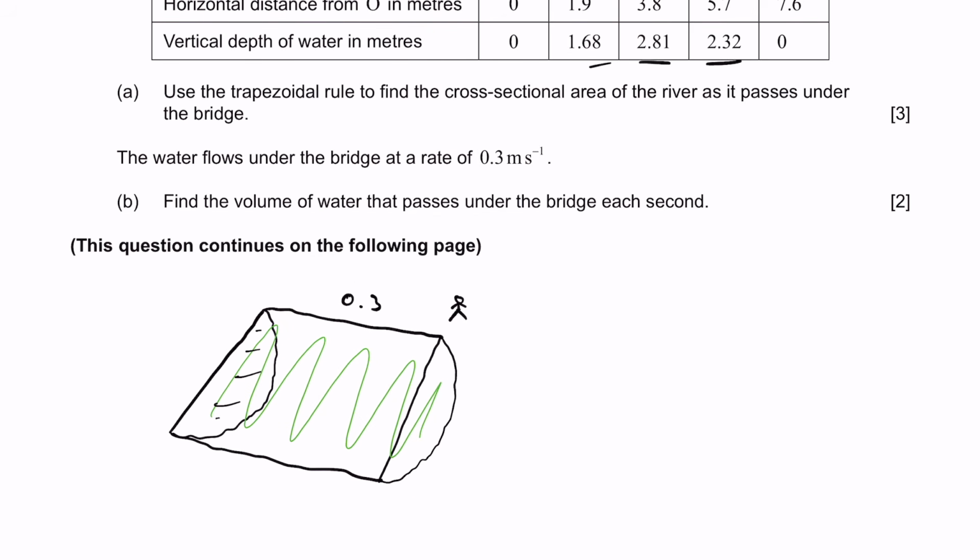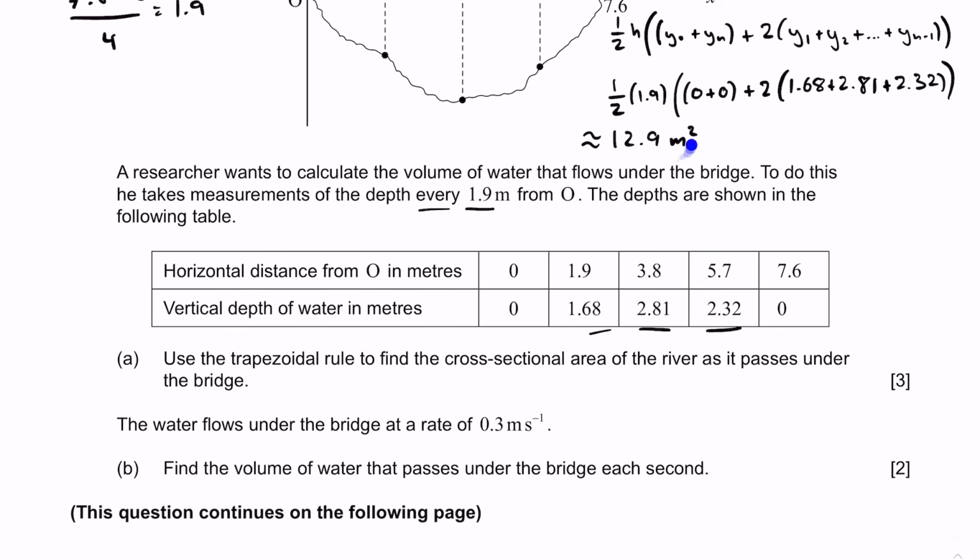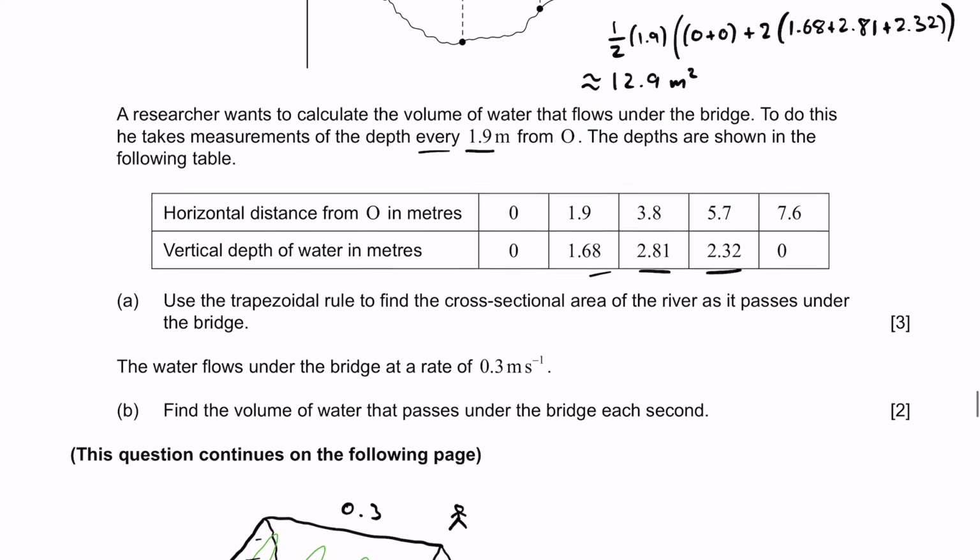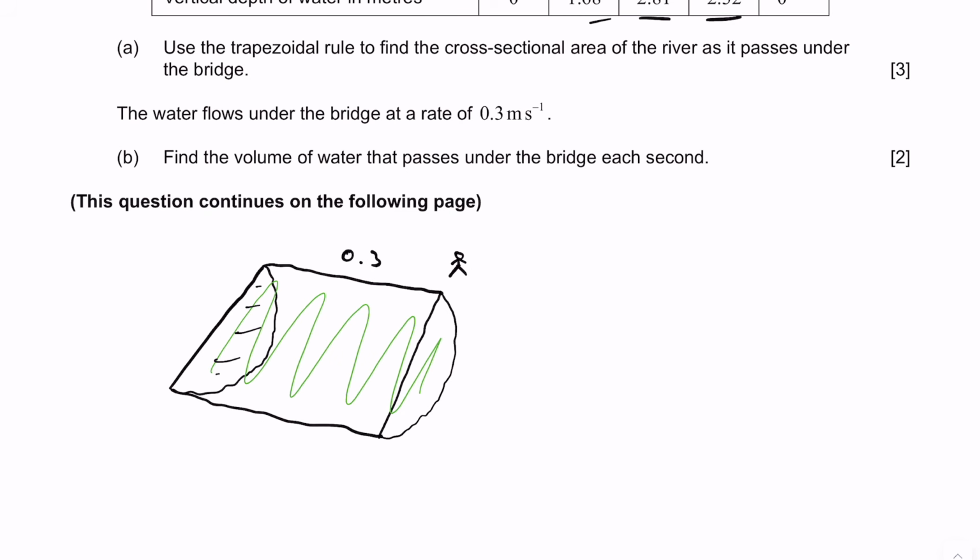All right. So what is this shape? It's a rather awkward shape, but we found an approximation for its cross-sectional area, 12.9 meters squared. So we imagine that this is a prism, and we know, for example, area of base times height. Volume itself is equal to, we often call this area of base, but really it's cross-sectional area. And then often we say area of base times height, but really it's extension.